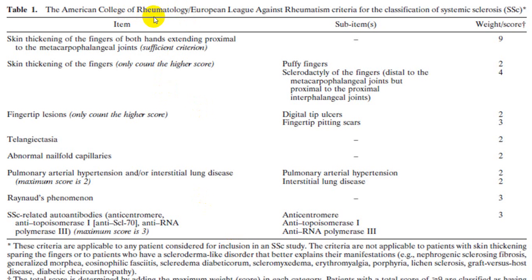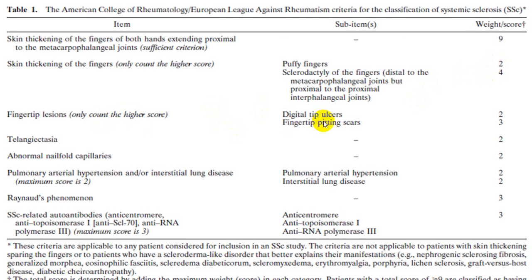Also, the American College of Rheumatology and the European League have put certain things for classification of systemic sclerosis. Skin thickening of the fingers of both hands extending proximal to the metacarpophalangeal joints gives you a score of 9. Skin thickening of the fingers only, on the count of fingers with higher score: puffy fingers 2, sclerodactyly 4.